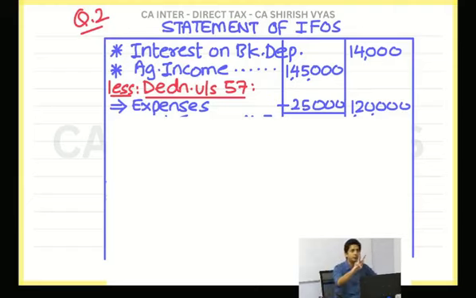Have the habit of using two colors. Why are you making these notes? For quality preparation. If you use two colors, it will definitely have an impact on your memory. The moment you pick up the red pen, somewhere your mind gets alert. So, less deduction under section 57.